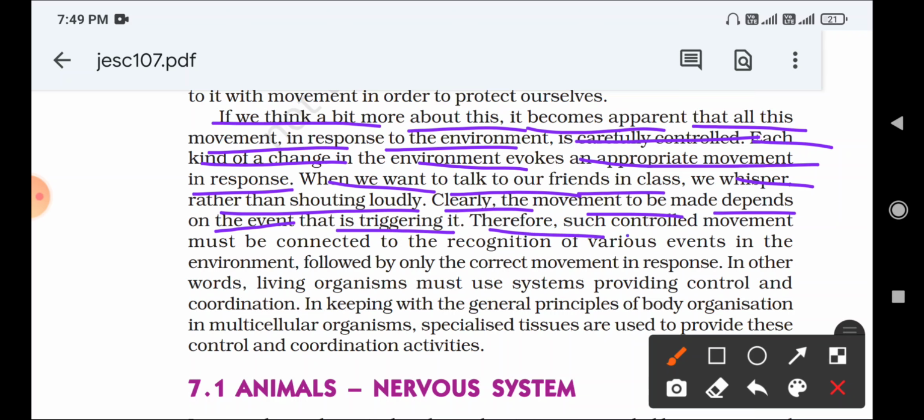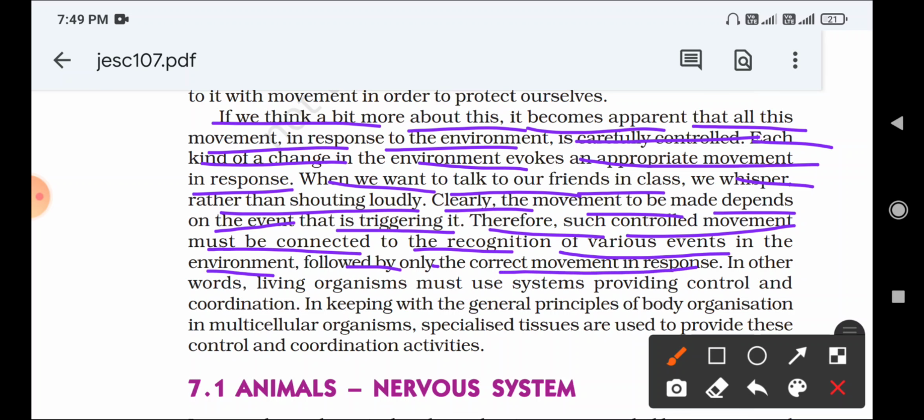Therefore, such controlled movements must be tied to the recognition of various events in the environment, followed by only the correct movement in response. Okay, not only one single event happens in the surroundings; a lot of things are changing continuously in the environment, but we respond to a particular one.